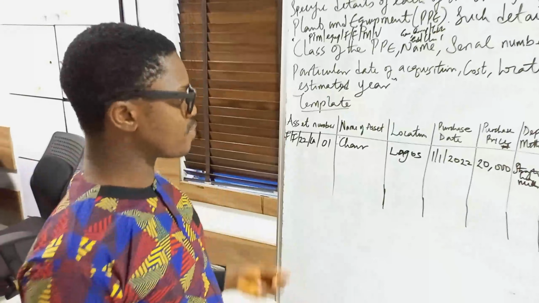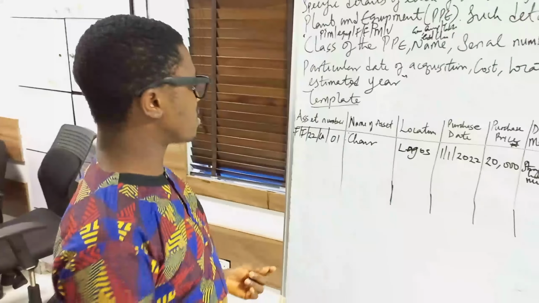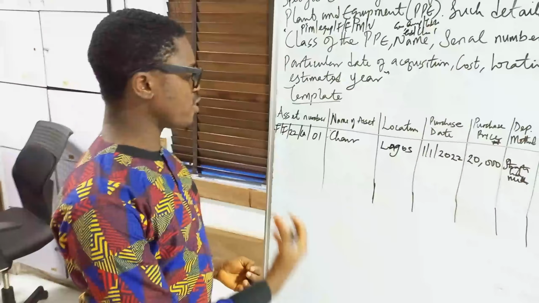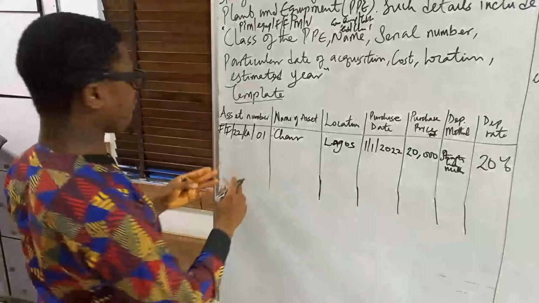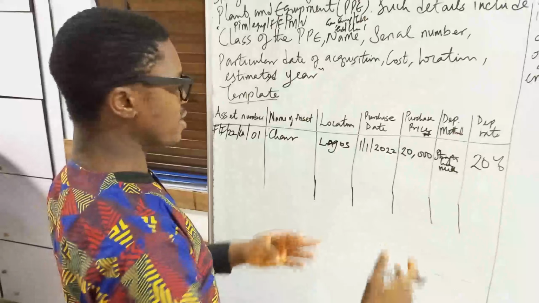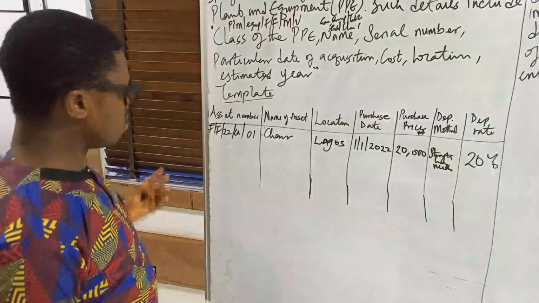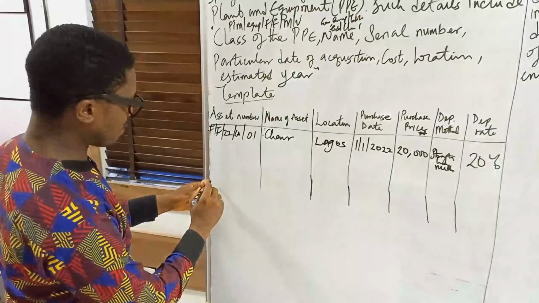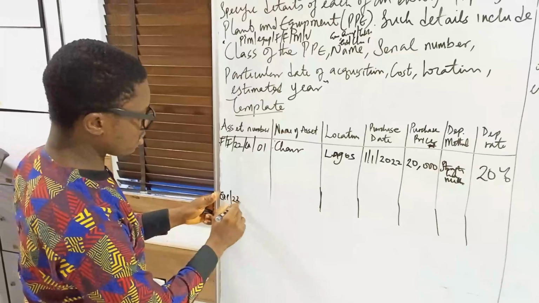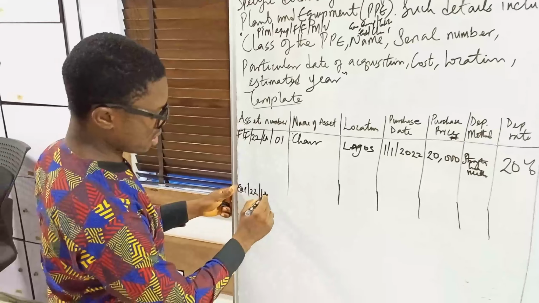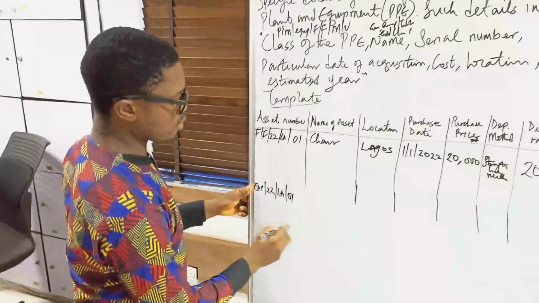But usually in practice, you have a sheet for each class of assets. So this sheet now will be for furniture, while we have another sheet for equipment. If we want to do it for equipment, what would that be? That could be EQP slash 2022 slash Lagos slash 01.